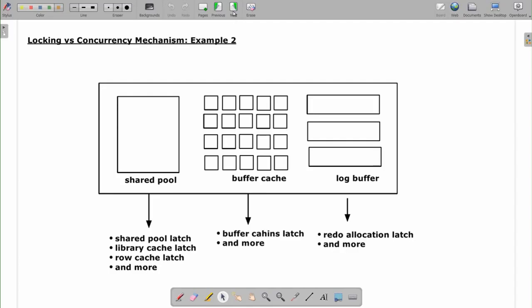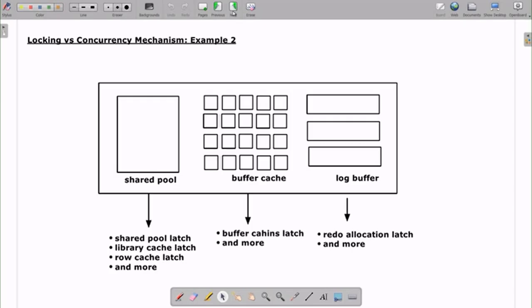For example, to protect shared pool components, we use a shared pool latch to control memory allocation and deallocation, a library cache latch for lookup and search operations, and also a row cache latch, and so on. To control the blocks in the buffer, we use a buffer chain latch. And to protect data in the local buffer, we use a redo allocation latch kind of thing.